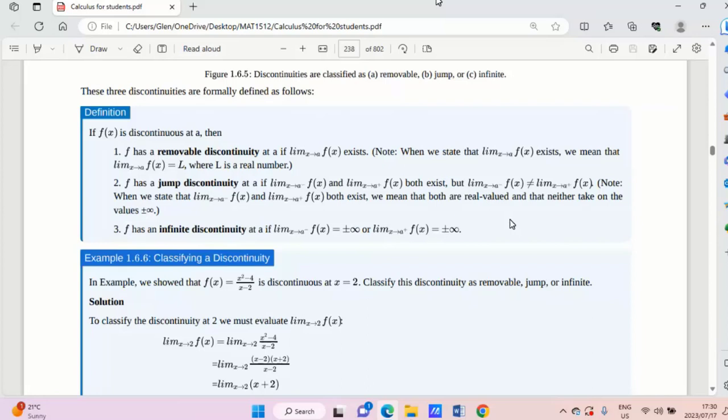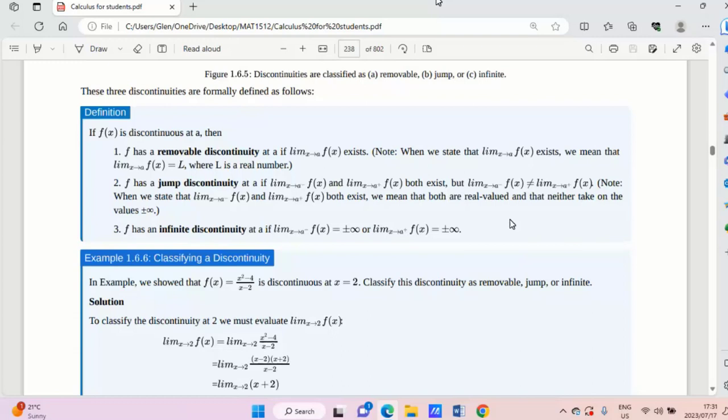Now let's focus on the bracket. The bracket says, note, when we state that the limit of f of x as x approaches a exists, we mean that the limit of f of x as x approaches a equals L, where L is a real number, any real number.